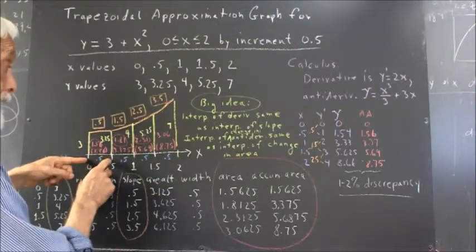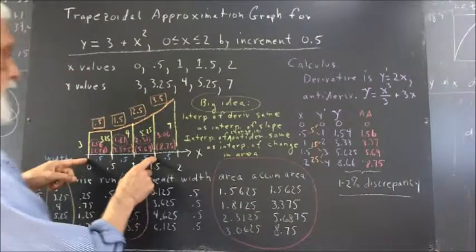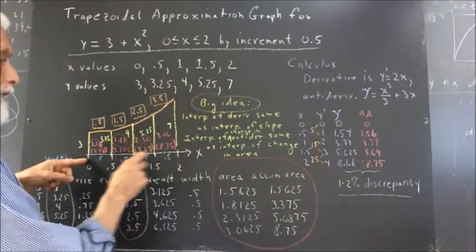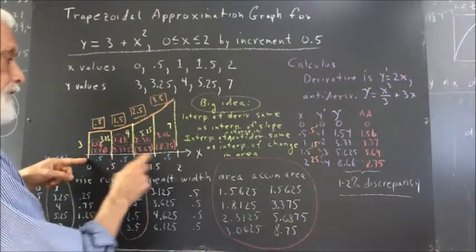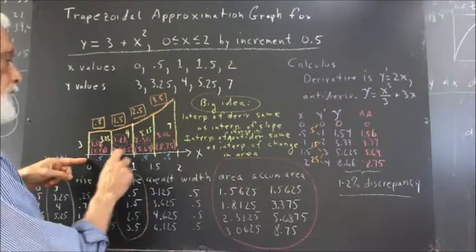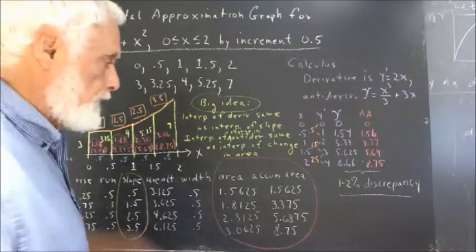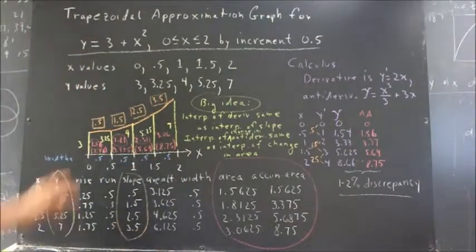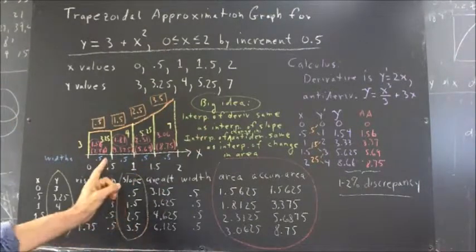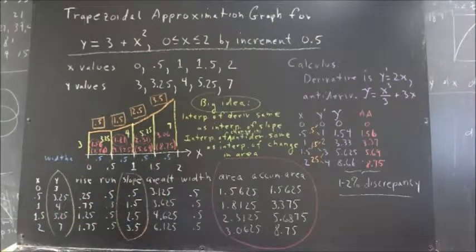At the end of the third trapezoid, we add the 2.31 units of area gained with the third trapezoid to the area accumulated through the end of the second, and similarly through the fourth. So the accumulated area always represents the total area accumulated through the right-hand end of the trapezoid.